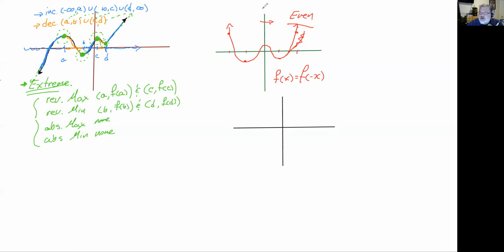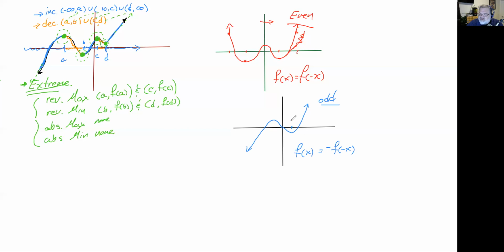Odd functions, by contrast: one side of the function is mirrored, but it's mirrored in reverse. So for an odd function, everything going on the positive side is mirrored to the other side, but the signs oscillate.